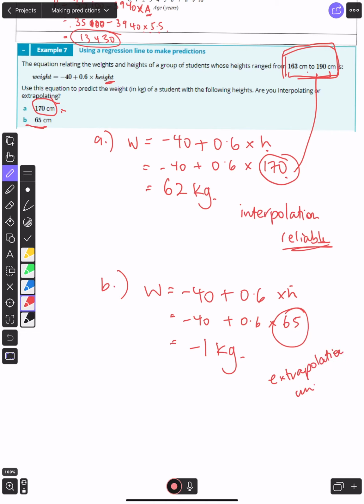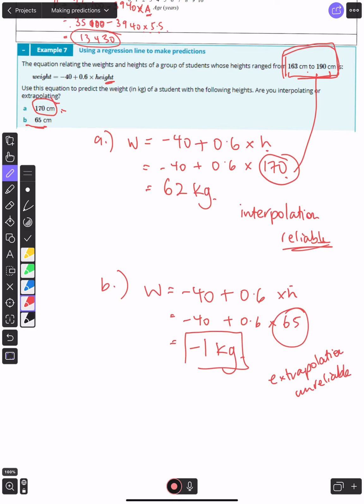It's unreliable, and it's also a little bit silly. You can't have negative weight. So sometimes when you're making an extrapolation, it will come out to be a little bit odd because it's outside the range of the data. All right, so if that happens, don't stress. You might just have to interpret that and just say it's not reliable because it's extrapolation.